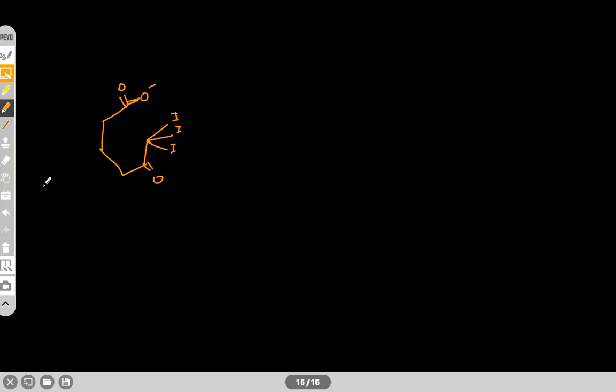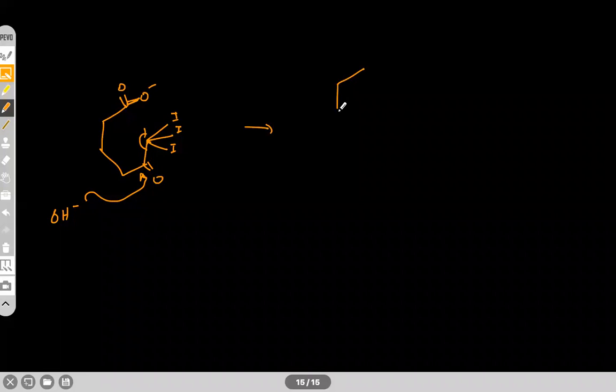Then what happens? The base OH minus attacks onto this carbon. This comes over here. And when this forms a pi bond, this goes out as a leaving group, correct? So this converts into 1, 2, 3, 4, right? Double bond O and OH here.